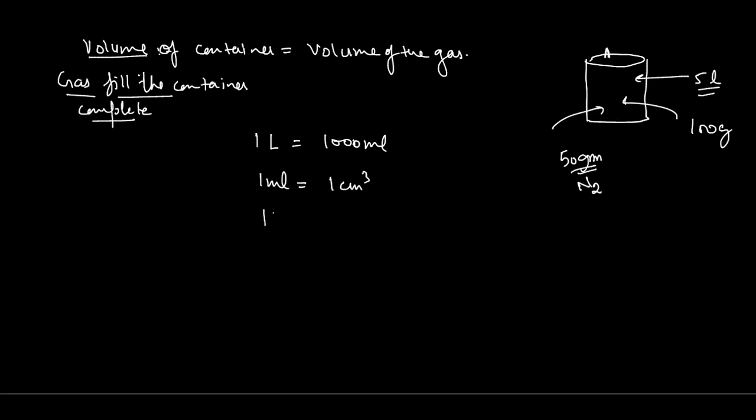So I can write 1 liter is equal to 1000 centimeter cube. This is also called cc, cubic centimeter. So in short, we write it cc. Don't get confused when cc is written. cc means centimeter cube, which is equivalent to 1 ml. Okay, got it?